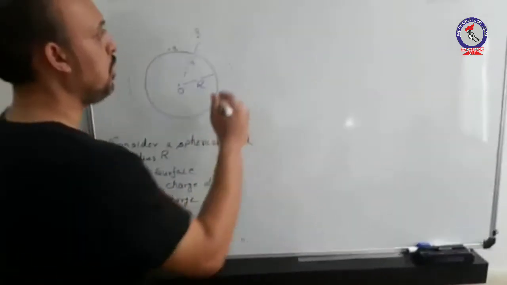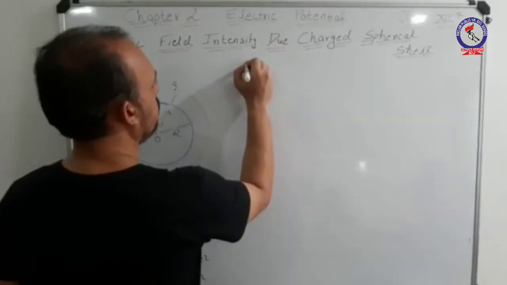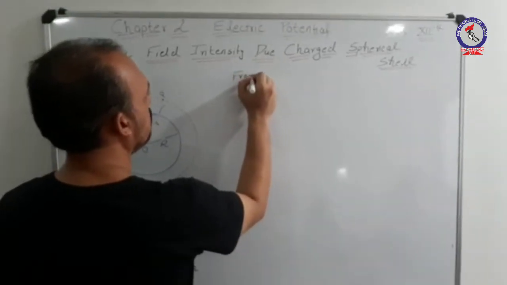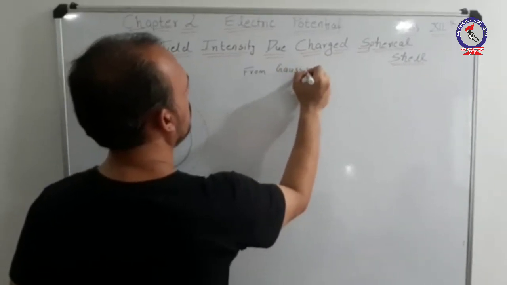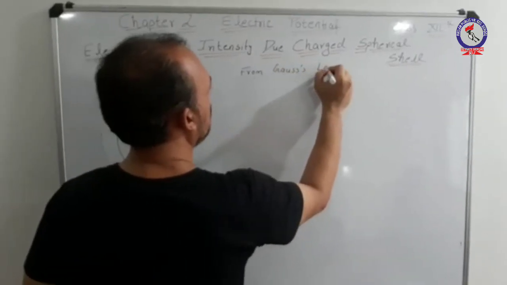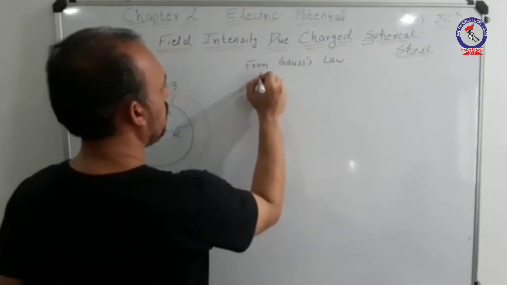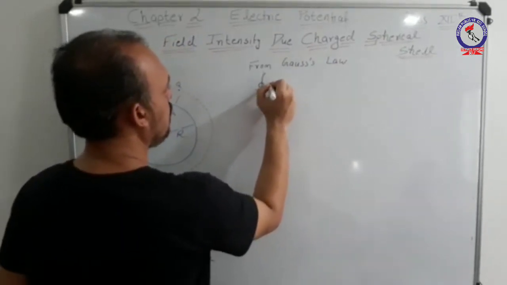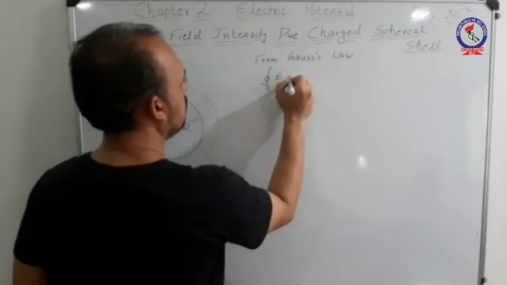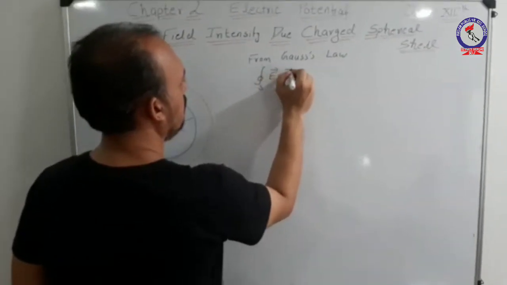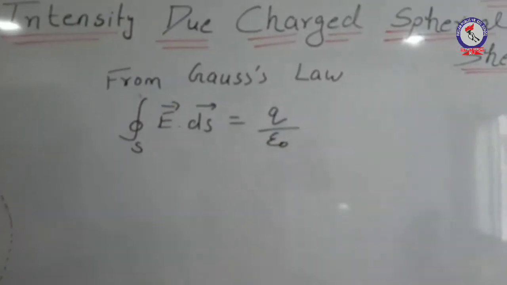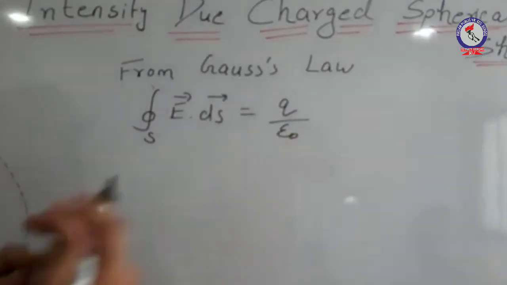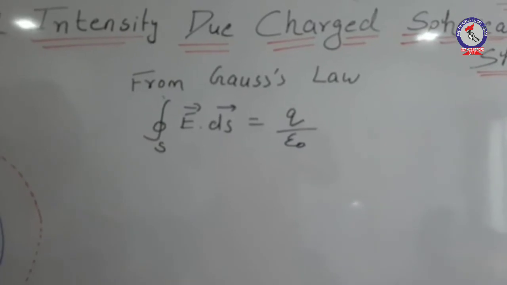Now, deriving further from Gauss law or Gauss theorem, we have integral of E dot ds equals Q upon epsilon 0. This is the basic expression of Gauss law.